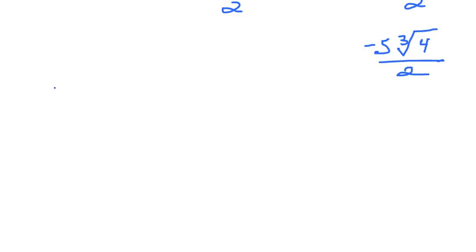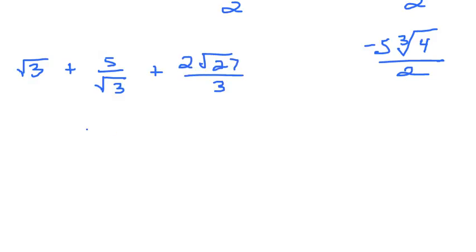Okay, let's see, what do we got going on here? Let's do one more. We have the square root of 3 plus 5 over the square root of 3, and then plus 2 over the square root of 27, and that's going to be all over 3.